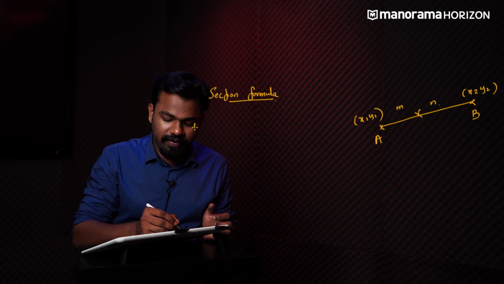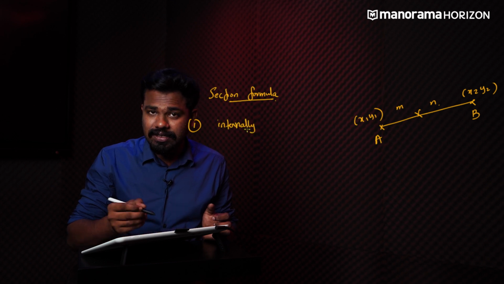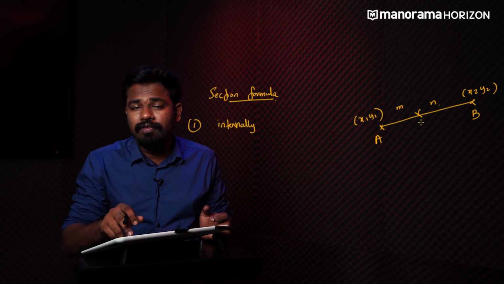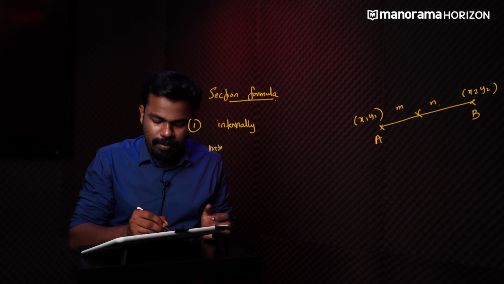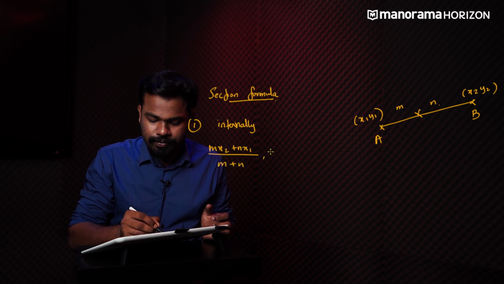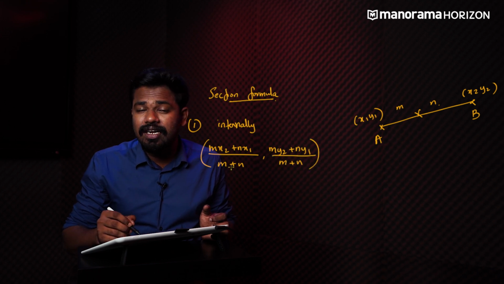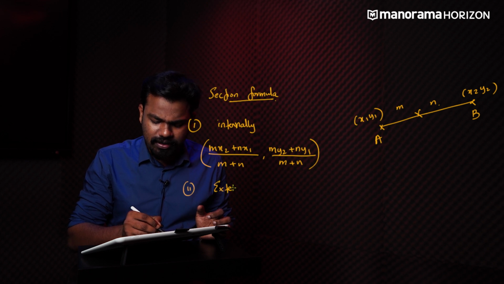There are 2 ways you can divide it. You can divide it internally and externally. If it is internal, we have studied the coordinates of the point which divides them in the ratio m:n will be ((mx2 plus nx1) by (m plus n), (my2 plus ny1) by (m plus n)). So this is internal division in section formula. And externally, what will be the difference?